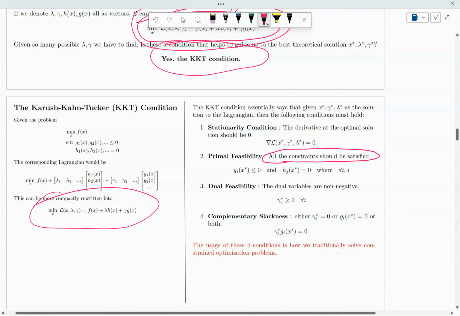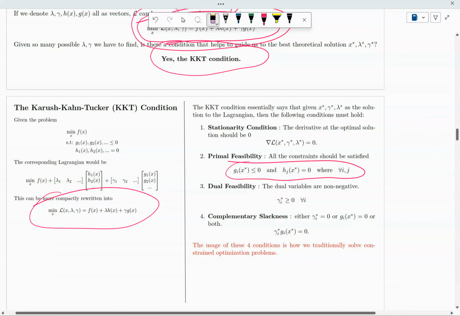When you solve the problem, every single equality constraint should be satisfied, and every inequality constraint should be satisfied. So first, the derivative has to equal zero. Second, all your constraints have to be satisfied.